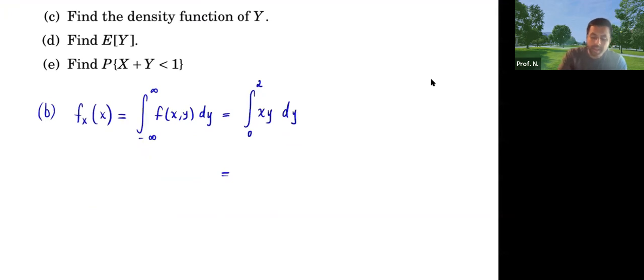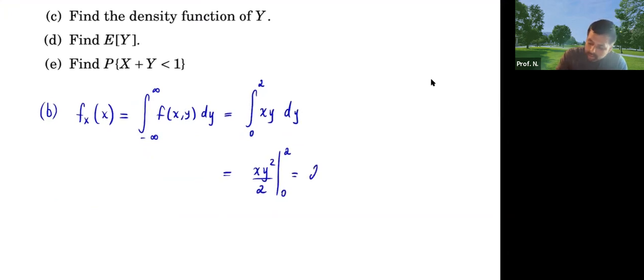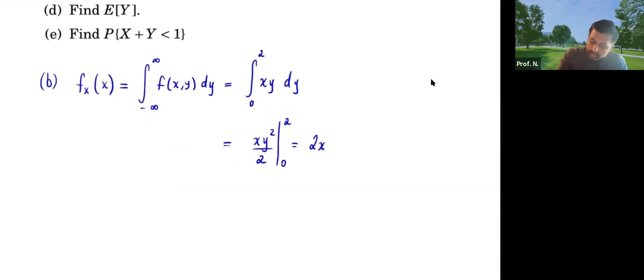So we're integrating with respect to y. x is treated as a constant, and we get x y squared over 2, evaluated from 0 to 2. So when we do that, we get 2x. So the marginal density function of x is equal to 2x.